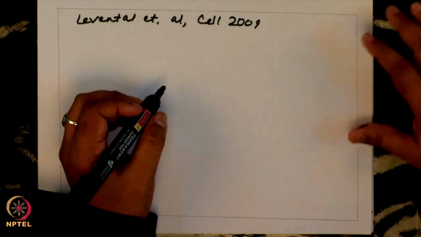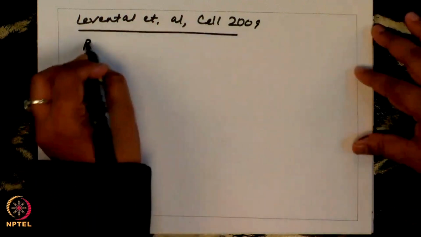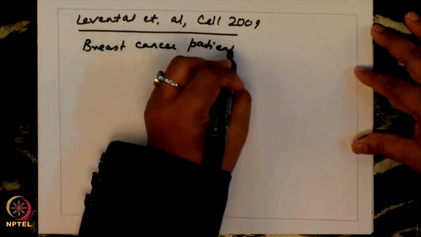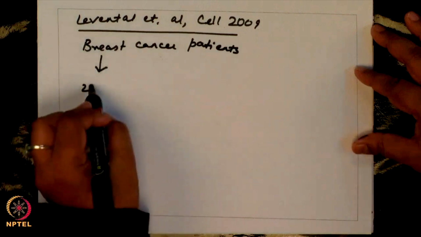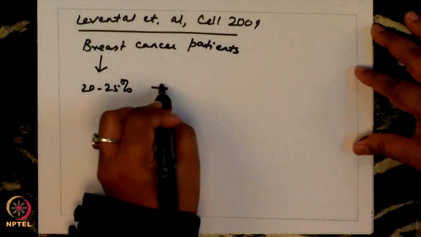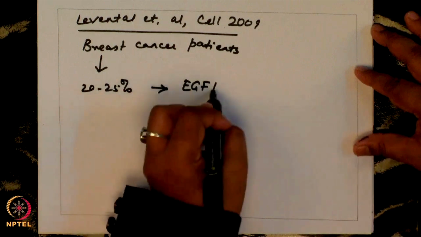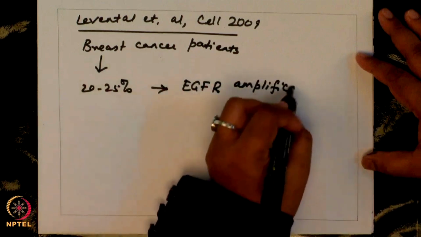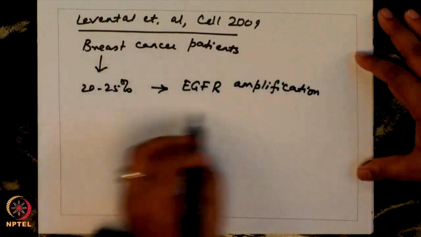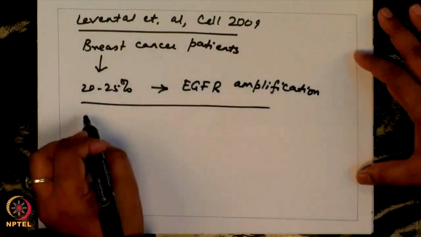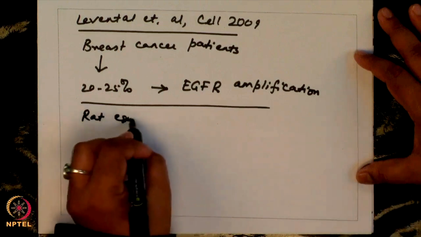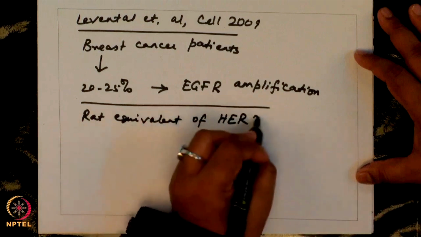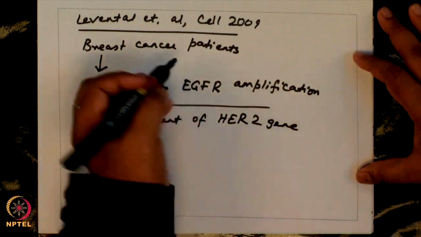Generally in breast cancer patients, in 20 to 25% of these cases you have EGFR or epidermal growth factor receptor amplification. So, they took the rat equivalent of the HER2 gene, which is amplified in humans.